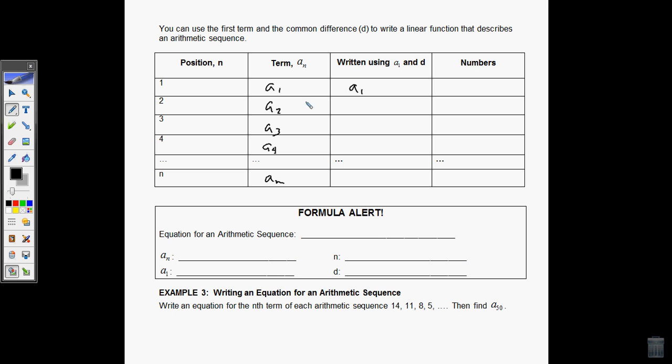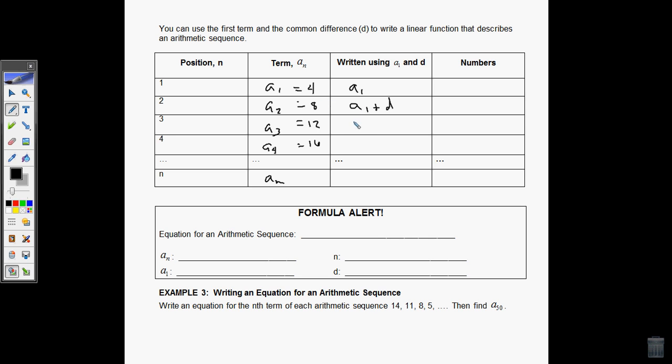Well, a sub 2, let's see, this was 4, this was 8, and this was 12, and this was 16. A sub 2 was really the first term plus 4. So that's a sub 1 plus d, the common difference, which was 4, right? 4 plus 4 was 8.